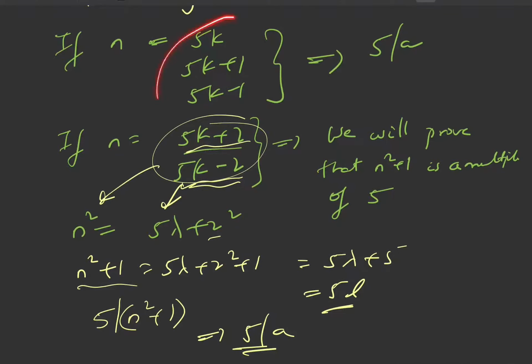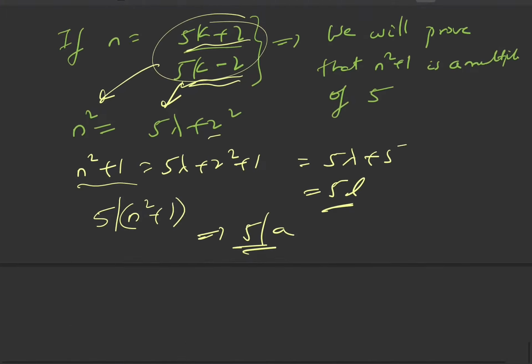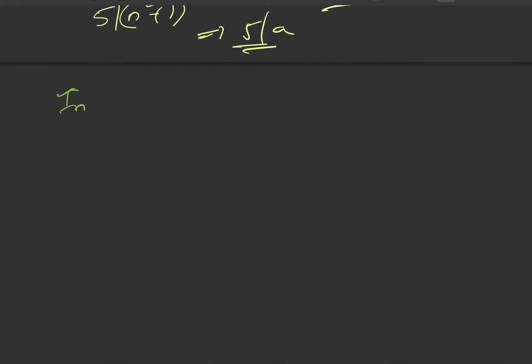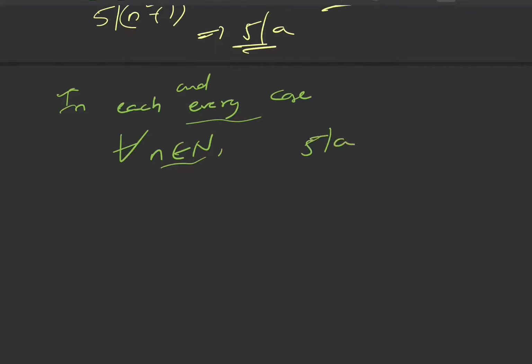So you can see that if n is of these three forms, then also 5 divides a, and if n is of these two forms, then also 5 divides a. So basically in any case 5 divides a, right? In each and every case, for all n belonging to natural numbers.